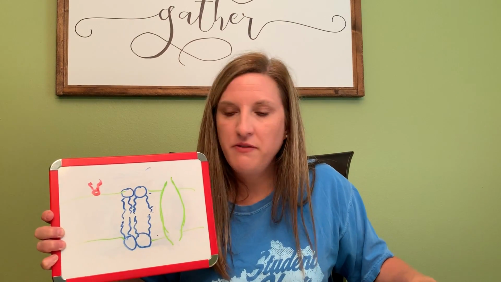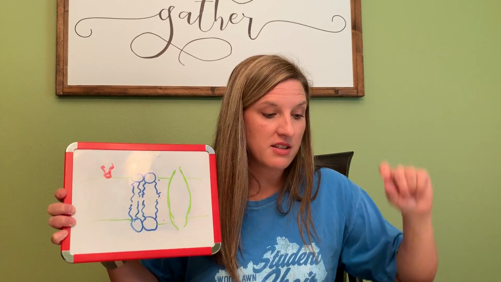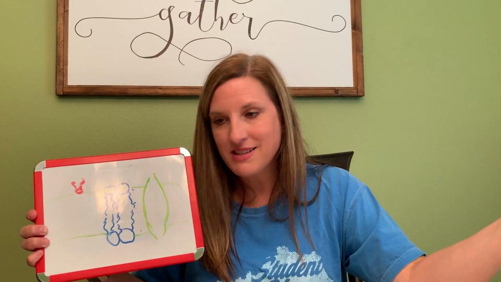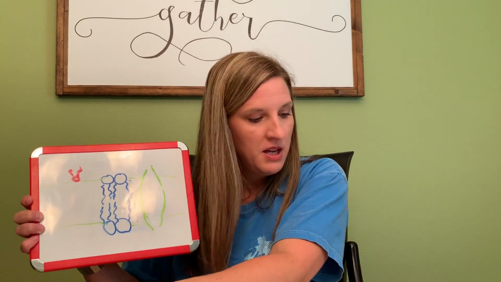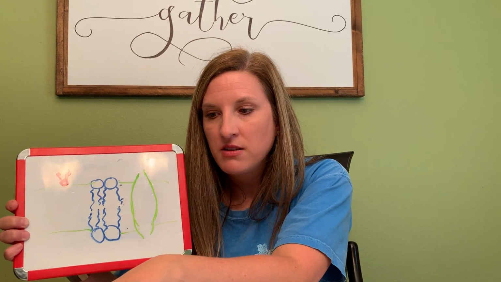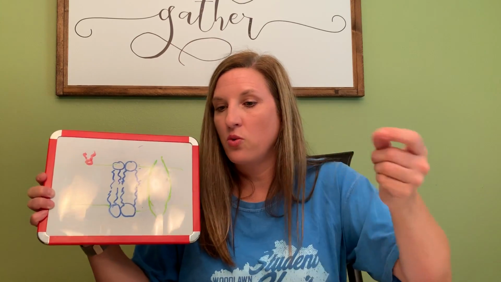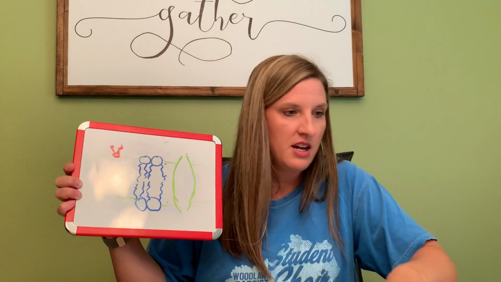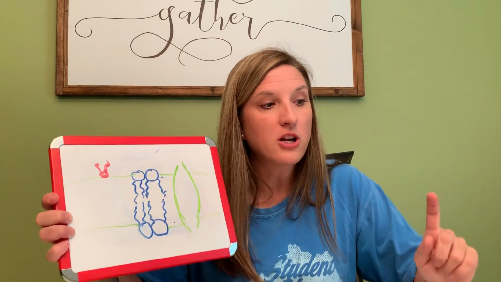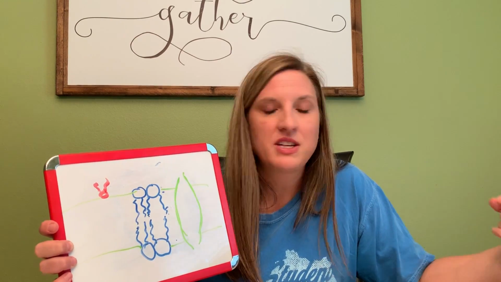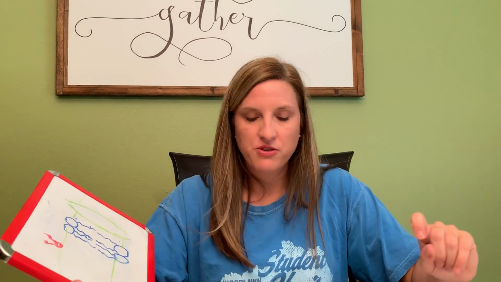Then you have receptor proteins. These things are going to receive messages from other proteins. So the receptor proteins are the things that are going to get the messages back and forth from the other things. Glycolipids, it's a lipid with an attached carb. You can see a picture of that.